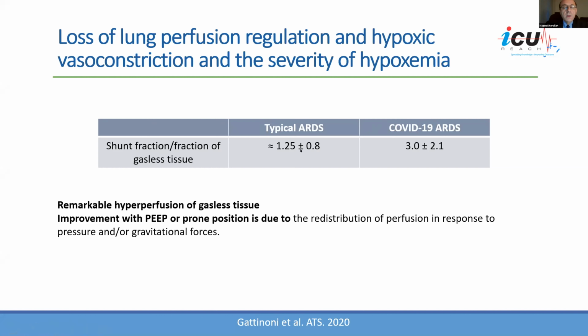So they concluded that we're likely dealing with remarkable hyperperfusion of gasless tissue. That doesn't mean that those patients may not respond to PEEP or proning position. With proning position, we may redistribute the perfusion in response to different pressure or gravity. So the conclusion is COVID-19 pneumonitis is not ARDS.